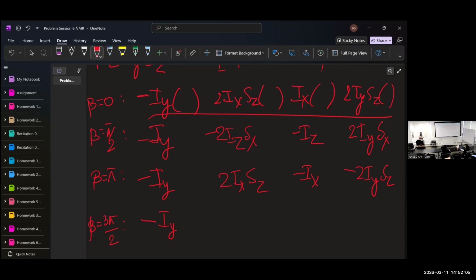So what does that produce? Minus 2IzSx. Here you still get a minus Ix. Here you get an Iz. And the last one is negative.